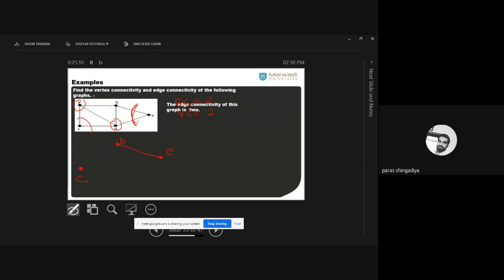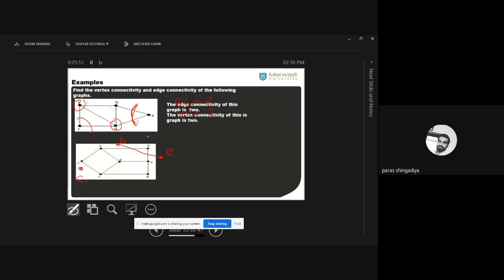Now let's do it for the second graph, this one. So what is the edge connectivity of this graph? Okay, 2 is the correct answer. Very good.